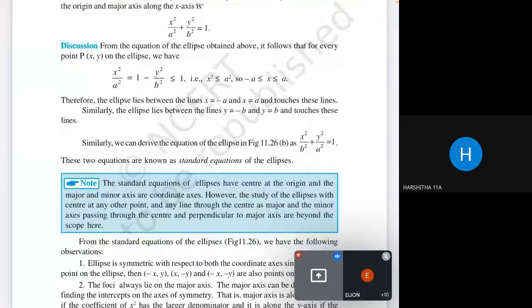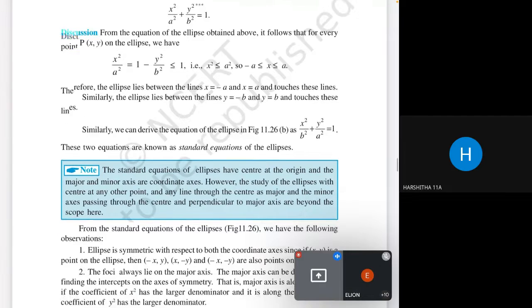One point is given to you for discussion. From the equations of the ellipse obtained above, it follows that for any point x comma y on the ellipse, the x value should lie between minus a and plus a. Therefore, the ellipse lies between the lines x equal to minus a and x equal to plus a and touches these lines. Similarly, the ellipse lies between y equal to minus b and y equal to plus b.